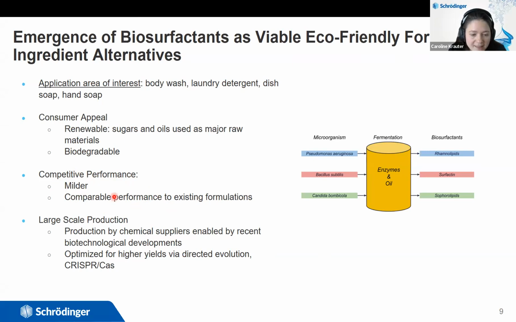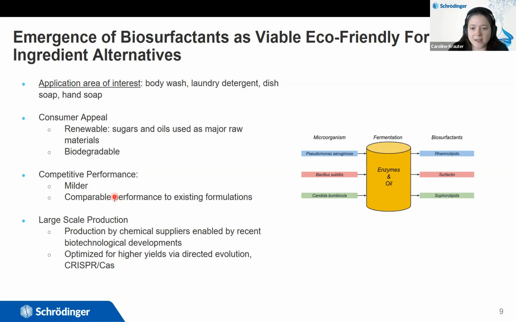And one bottleneck that has existed is the large-scale production, but it seems with recent biotechnological developments and also different directed methods, that barrier seems to be at least lowered in recent times, making wider ranges of biosurfactants and also larger scales available.